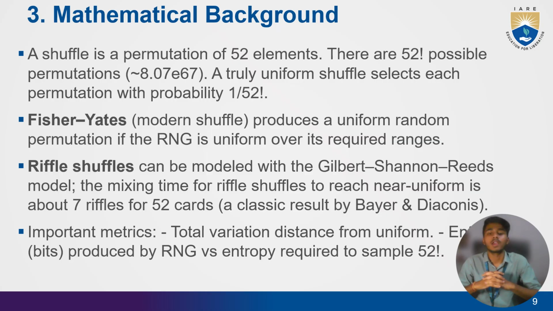Riffle shuffles can be modeled with the Gilbert-Shannon-Reeds model. The mixing time for the riffle shuffle to reach near uniform is about 7 riffles for 52 cards, a classic result by Bayer and Diaconis. Important metrics: total variation distance from uniform, and entropy produced by the RNG versus entropy required to sample 52 factorial.